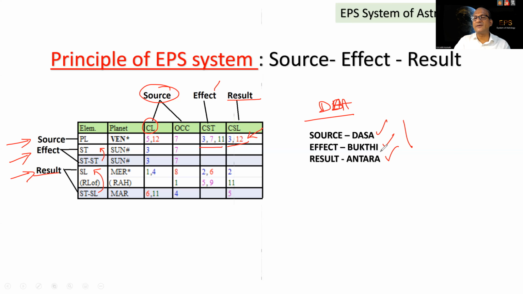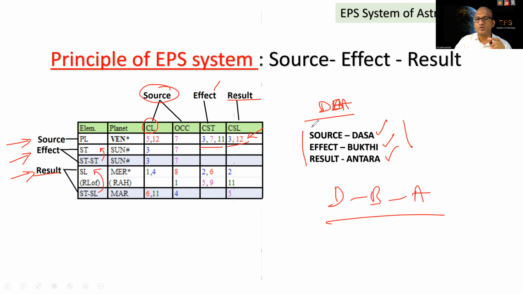It will vary from dasa to dasa. One antara will be supportive for one event under one Bukti, but we cannot expect the same impact of that particular antara lord under all the Buktis, because their impact is going to be different when they are acting as the dasa, Bukti or antara.